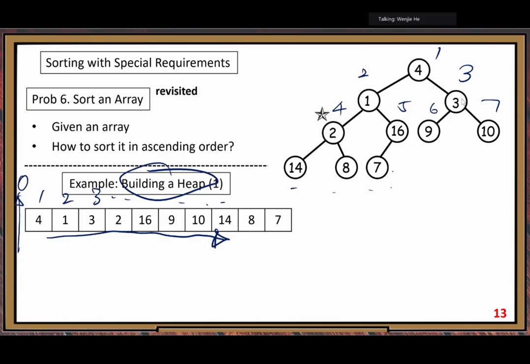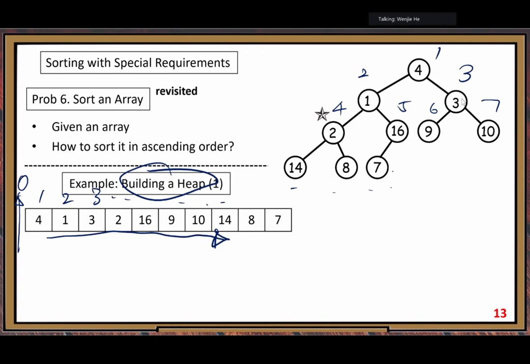So now we need to do the local Heapify operation on all the possible local triangles. Remember that max Heapify operation, we can only apply it on a local triangle.